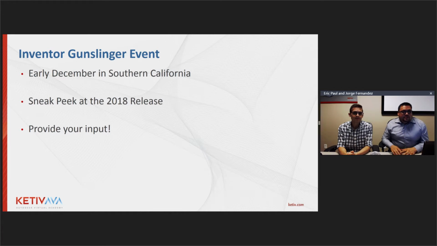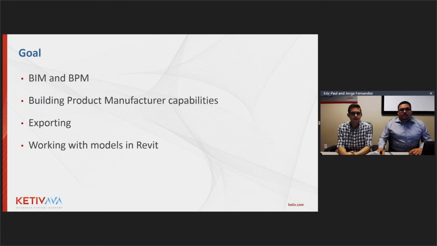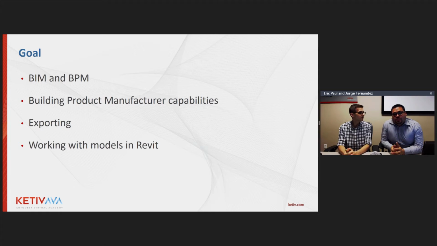Sure thing. So today, as Eric said, we'll be focusing on BIM, or I should say, if you're a manufacturer trying to get your models over to an architect, for example. Some of you might have heard of this acronym BIM or BPM. BIM is Building Information Modeling.